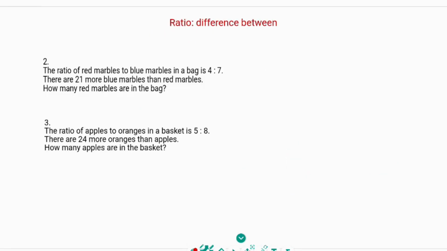Okay, we've got 2 questions on this page and 2 questions on the next page. Just because these are a little bit more complicated, we'll have a look at more questions. So again, put me on pause, maybe have a go yourself here. Red to blue. And we've got 4 to 7.